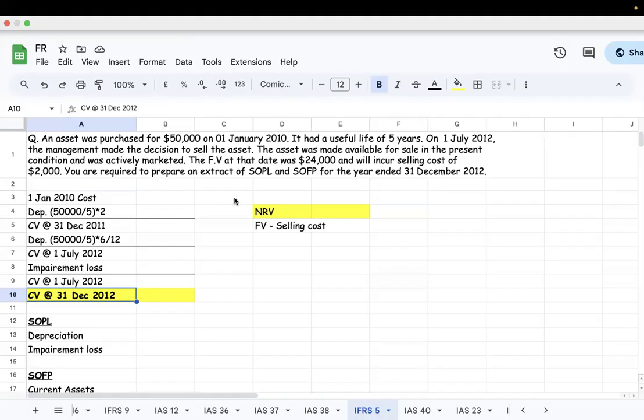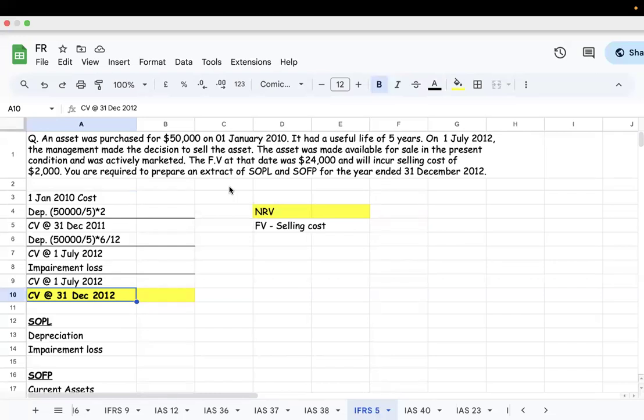So an asset was purchased for $50,000 on 1st January 2010. It had a useful life of 5 years. On 1st July 2012, the management made the decision to sell the asset. The asset was made available for sale in its present condition and was actively marketed.